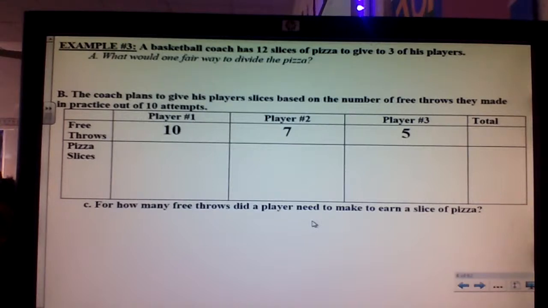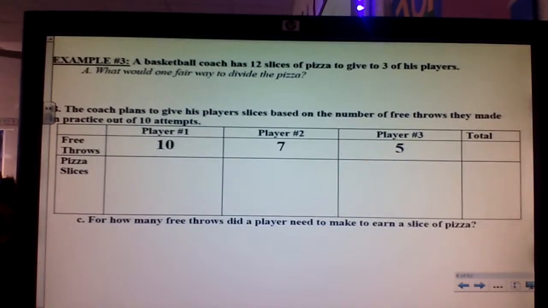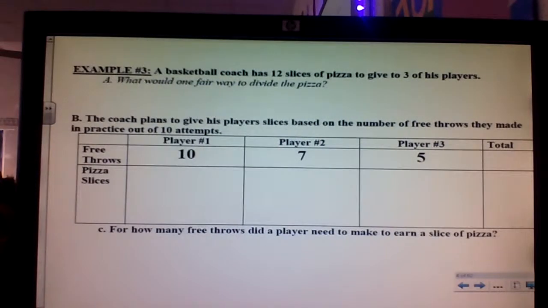I know all the answers. Are you doing one question or all of them? Don't do the whole thing. You haven't even answered the first question. I did answer it.